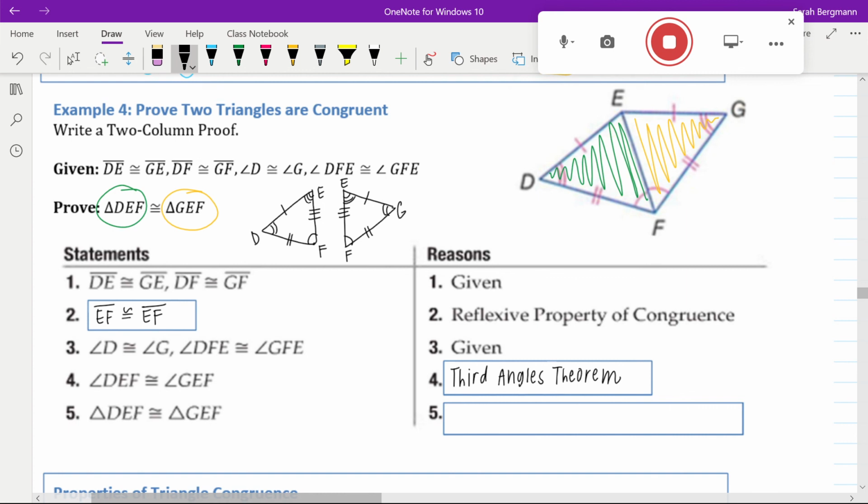Finally, now that I have three pairs of congruent sides and three pairs of congruent angles, I can conclude that the triangles are congruent by the definition of congruent polygons or congruent triangles.